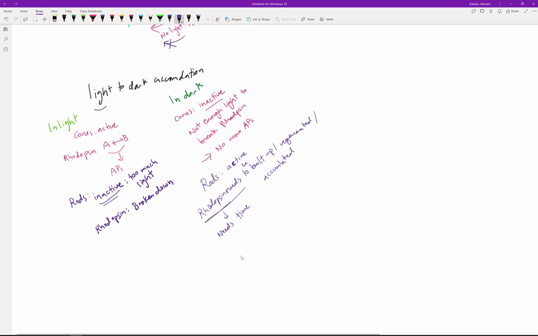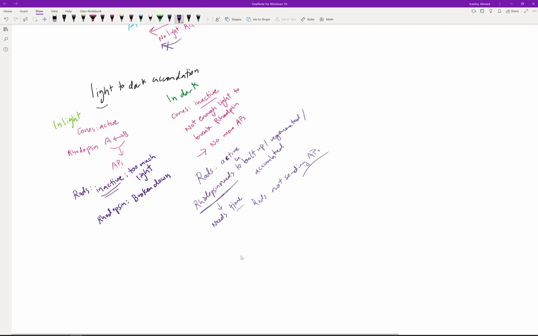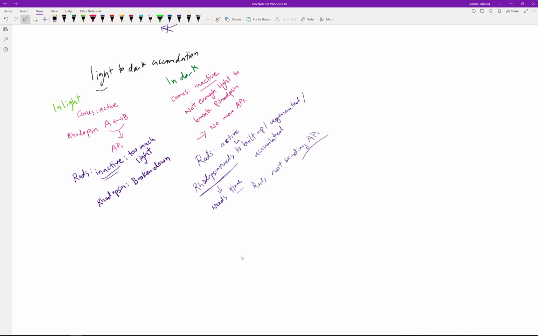Until the rhodopsin has accumulated, the rods are not sending action potentials. So there is no signal coming from the rods or the cones yet when we immediately switch to dark. There is no action potential coming from either of them.